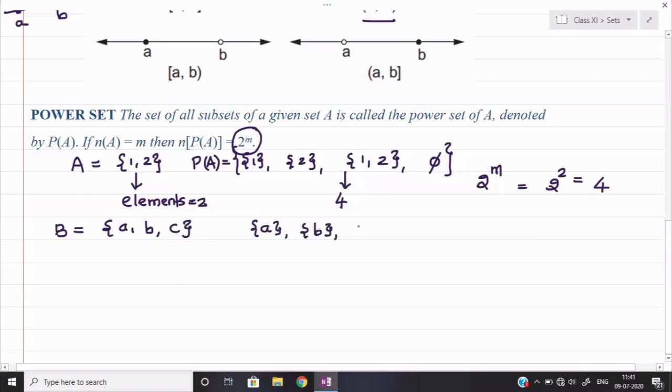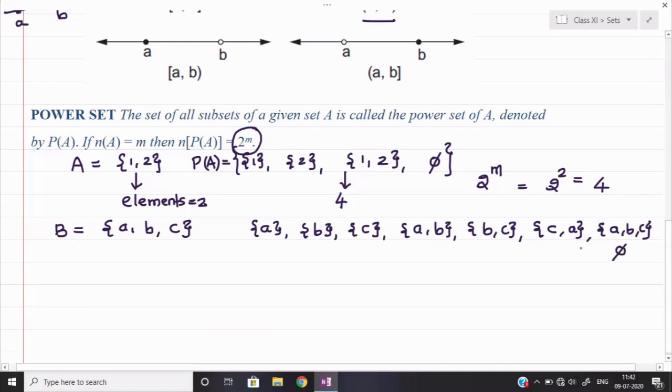Single elements you will take first, then you will take two elements. So one is {a, b}, second one is {b, c}, and last one you will take {c, a} or {a, c}, whatever you like. And similarly, second last is {a, b, c}, and last one is the empty set.